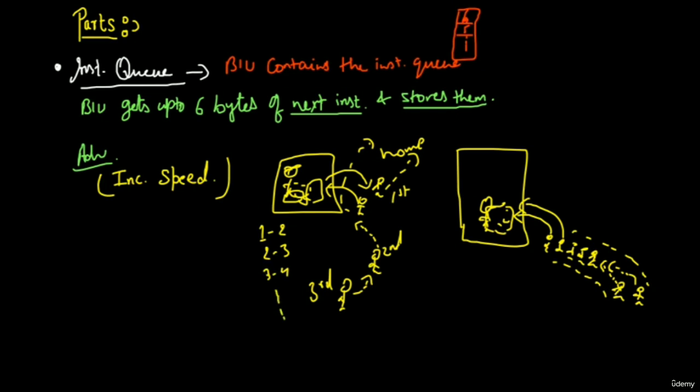To use that time wisely, we queued that data and we used the 6 byte queue. These days we are using many more, so as to increase the execution speed. But even the six is not a bad idea, because the instructions are going to be fetched one after another and not all at once. Not all the patients are going inside the clinic at once. So this is the instruction queue, and that's why it is very important to understand it.